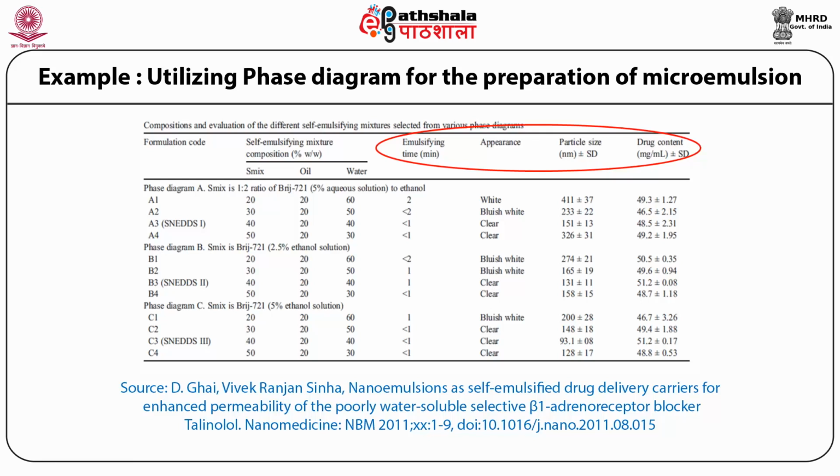It is important to note that while titrating we have to take into account the color of the vial, that is white, bluish white, clear. These types of appearance should be used to examine the different behavior of the S mixture or self-emulsifying mixture.